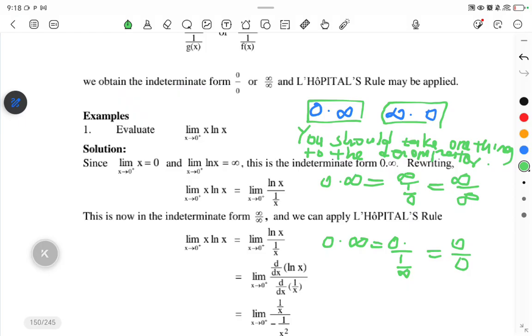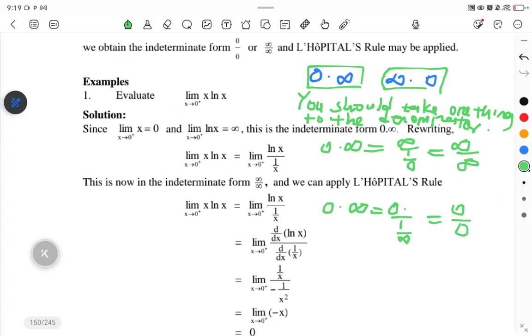Evaluate the limit as x approaches 0 of x ln x. Check this: if we plug in, we get 0 times infinity. Now I must take one thing to the denominator. The one that you should take to the denominator should be the one that is easier to derive.